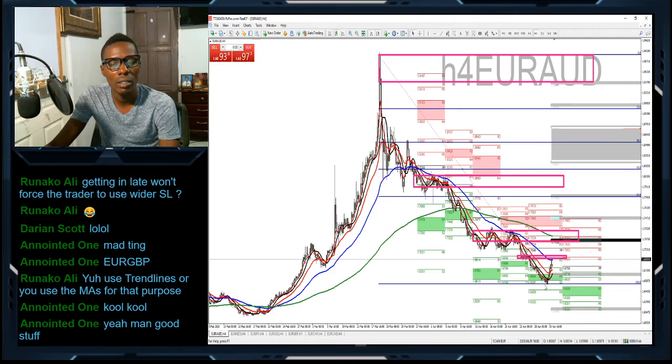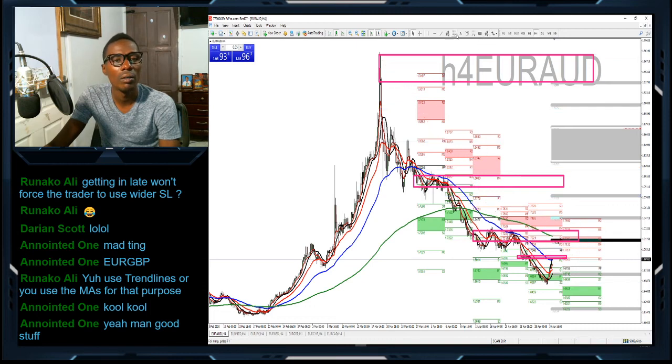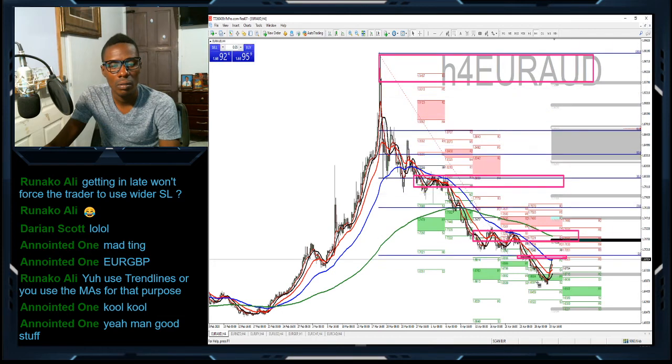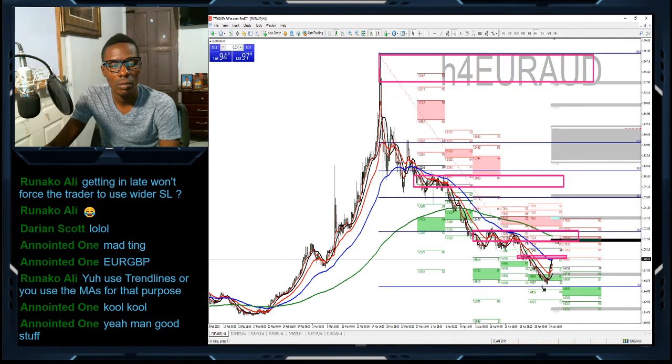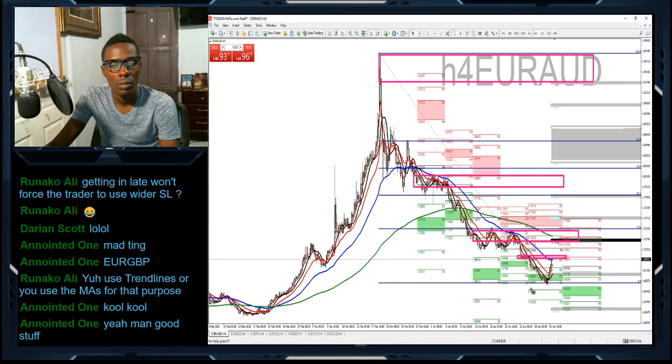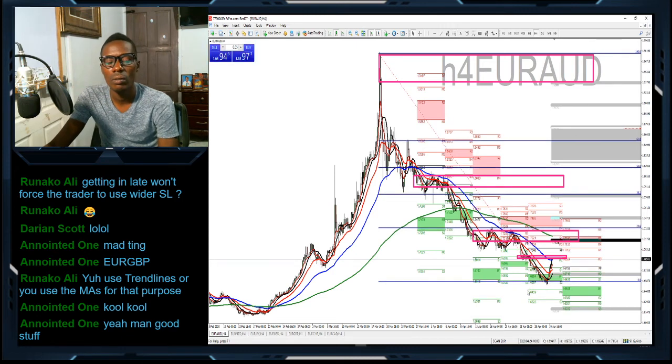Why do I keep doing that? I'm bad. If you guys can see that, the sweet spot for this entire move would be here.